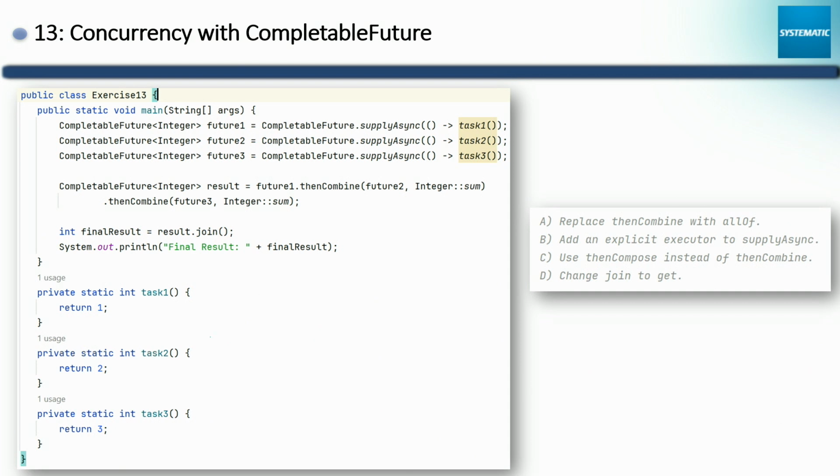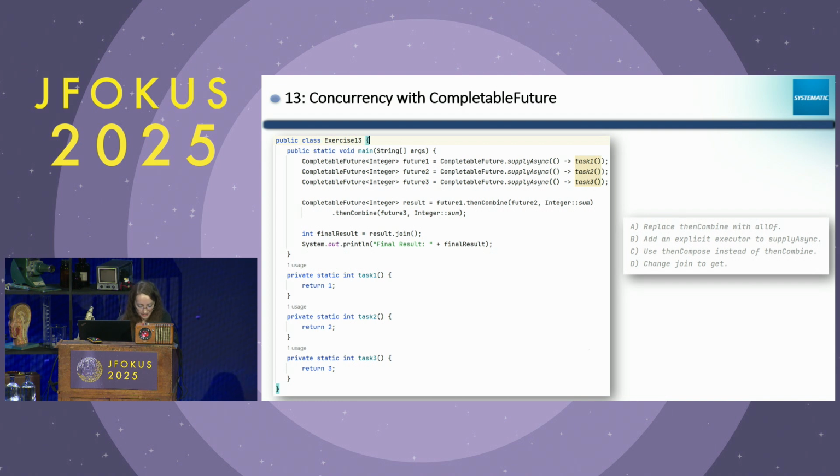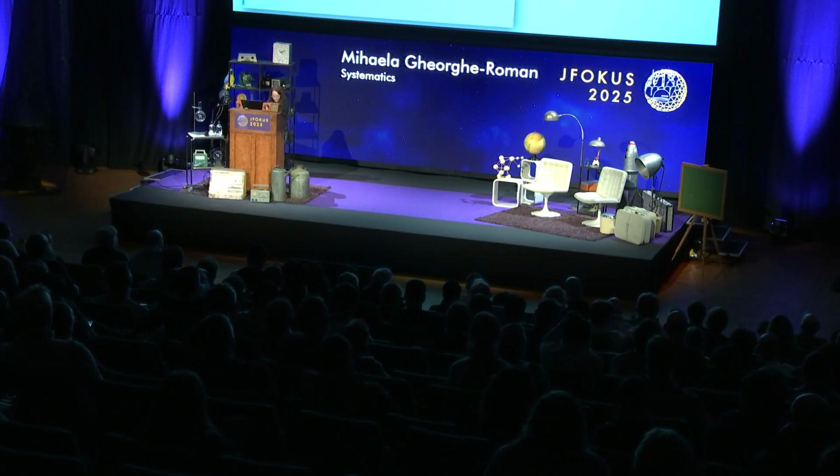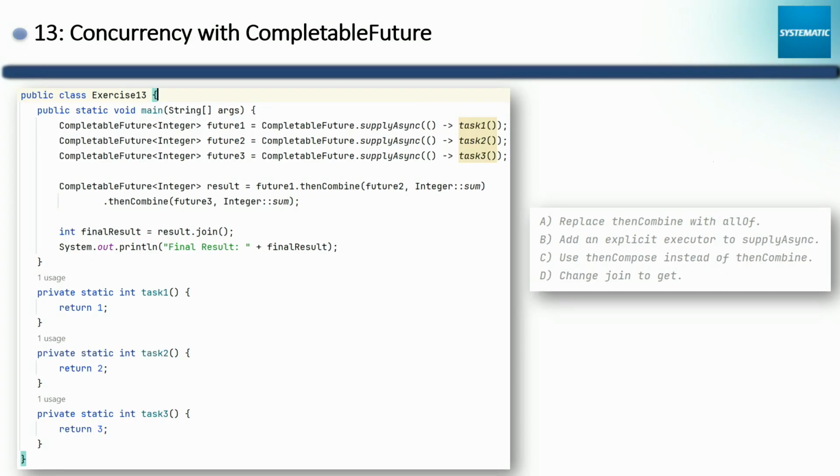So you can do that now, please. And let's see what you choose. So far, all the options are being selected, mostly A and D. So either to replace thenCombine with allOf, or to change join with a get. B and C had only a few answers.